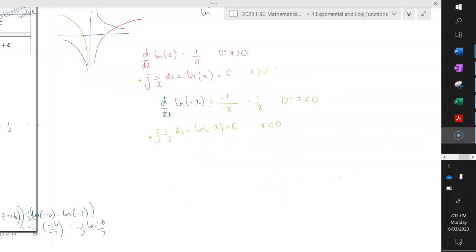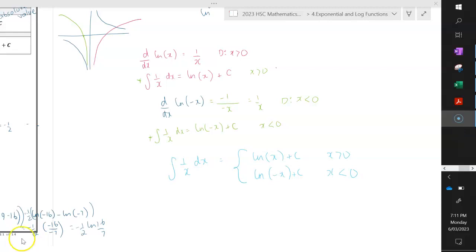How I'm going to write that is that the integral of 1 over x with respect to x is equal to log of x plus c when x is greater than 0, and it's equal to log of minus x plus c when x is less than 0. And it's a piecewise function really, isn't it?